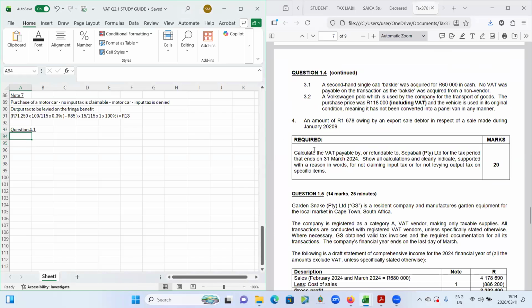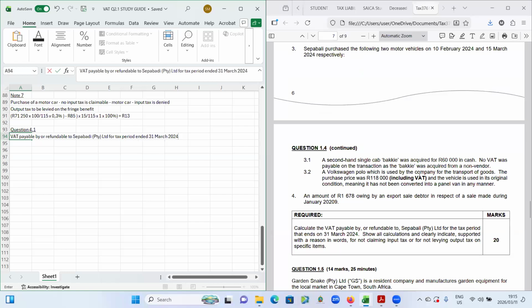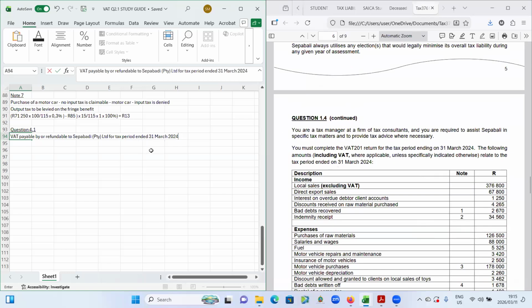The question is asking us to calculate the VAT payable by or refundable to Superbody Private Limited for the tax period that ends on 31 March 2024. So it's VAT payable by or refundable.